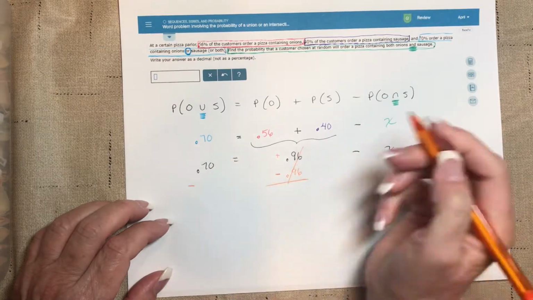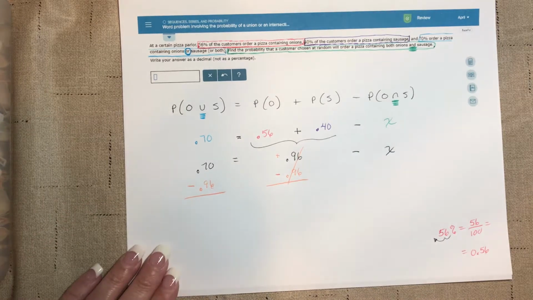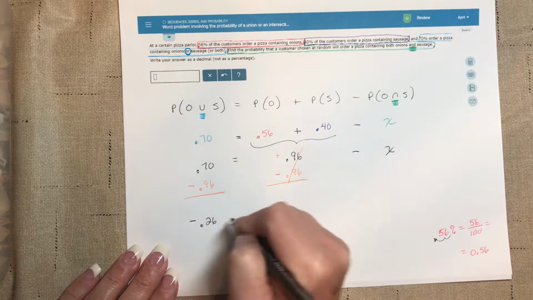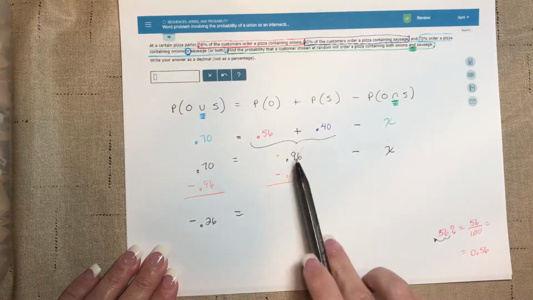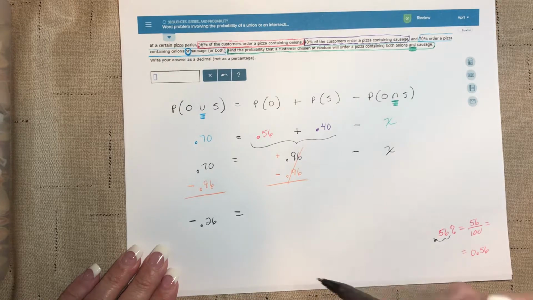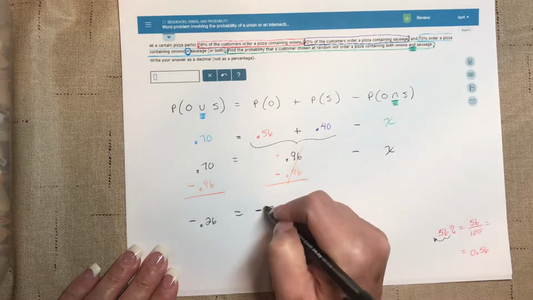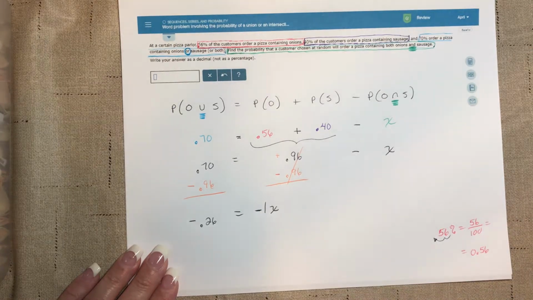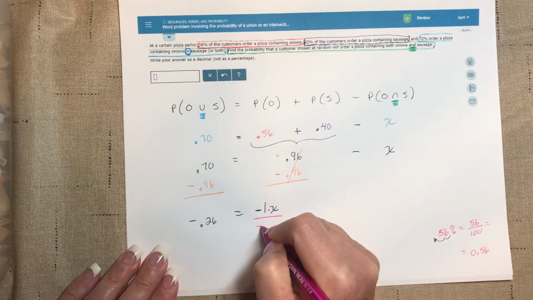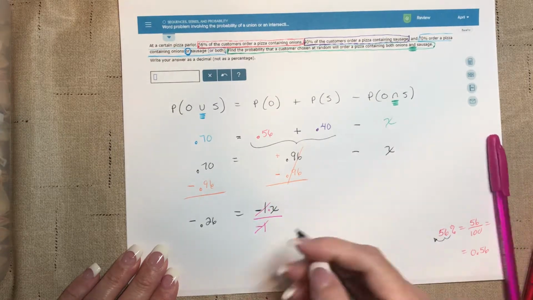So I'm going to have to subtract the 0.96 on the other side as well. 0.70 minus 0.96 is actually going to be a negative 0.26, but that's okay because when these canceled here, I still had this minus sign in front of that x, so I still technically have a negative x, or if you will, a negative 1x. And then to get x by itself, since these are multiplied, I'm going to have to divide by negative 1. Negative 1 divided by negative 1 is a positive 1x.